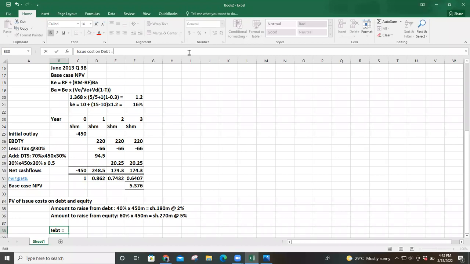So if issue cost on debt is 2%, then the amount I'll invest in the project should be 98%. So that 98% plus 2% is the total amount raised from debt.